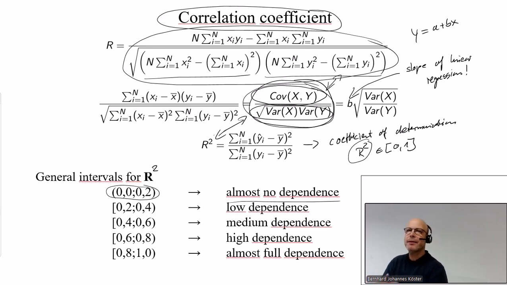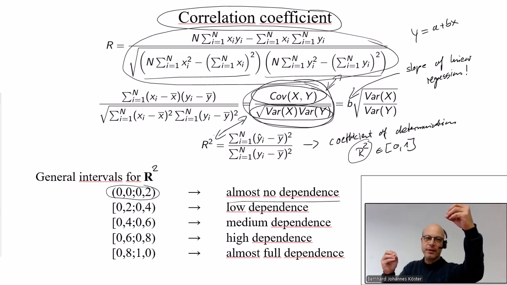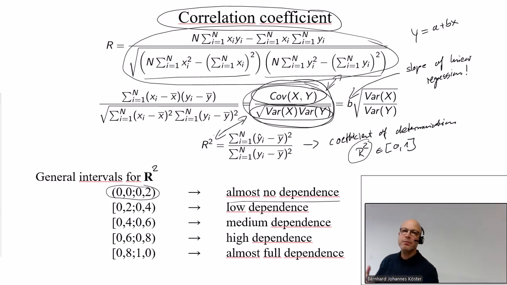But on the other hand, in general, you are looking for dependencies where you can say, okay, my data points are really in the neighborhood of this linear line, and this then would mean you look for data sets where you find an R squared which is in the neighborhood of 1.